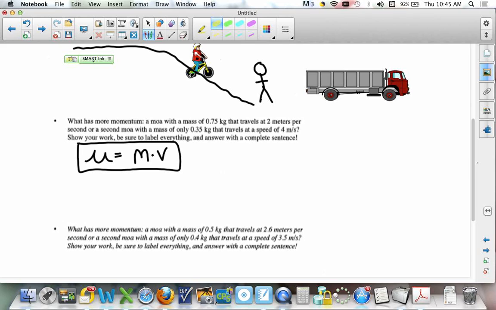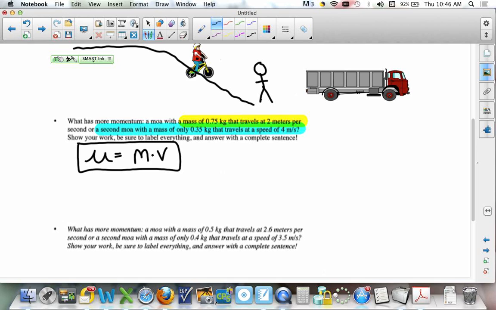A MOA with a mass of 0.75 kilograms travels at 2 meters a second. Right? The other one says you have a second MOA with a mass of only 0.35 and travels at 4 meters a second.